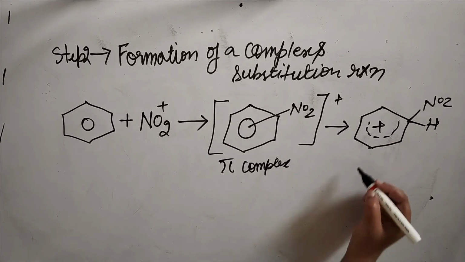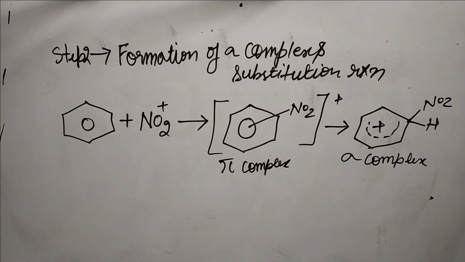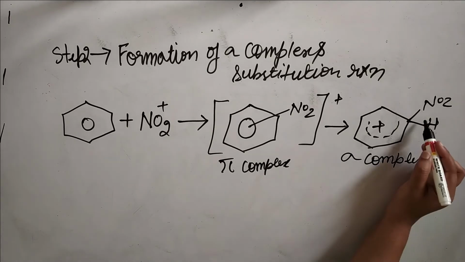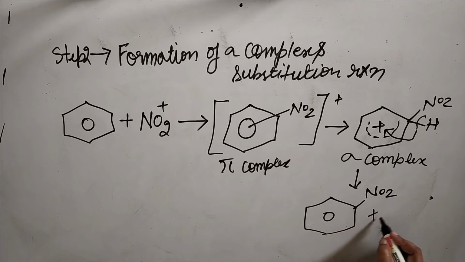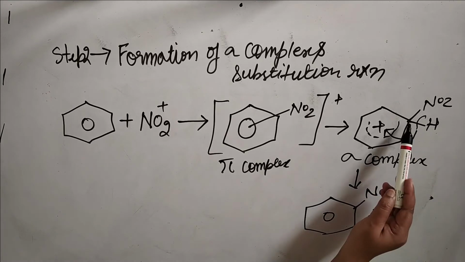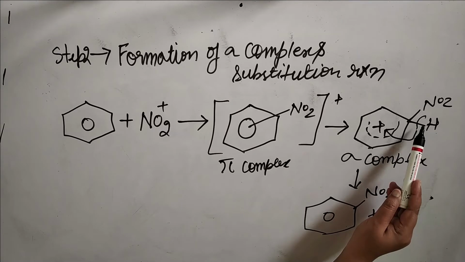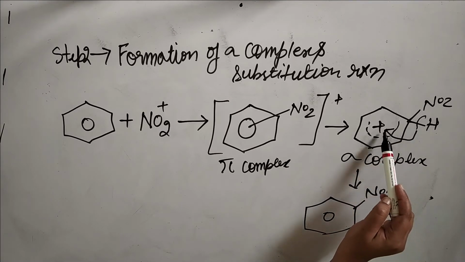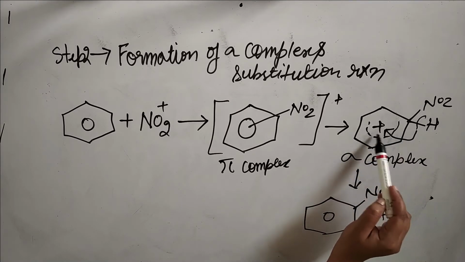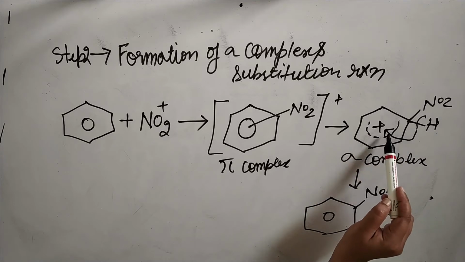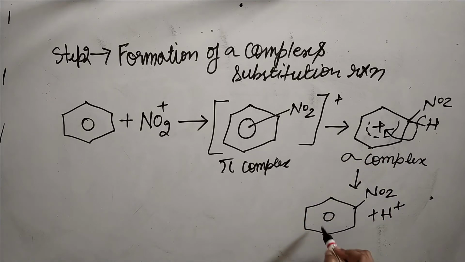So this is the sigma complex. Now the elimination of proton will take place. Here the hydrogen will be substituted by the NO2 group. The bond between this carbon and hydrogen will break and electrons will move inside the ring, because inside the ring there is electron deficiency. So again this ring will become resonance stabilized and the elimination of proton will take place.